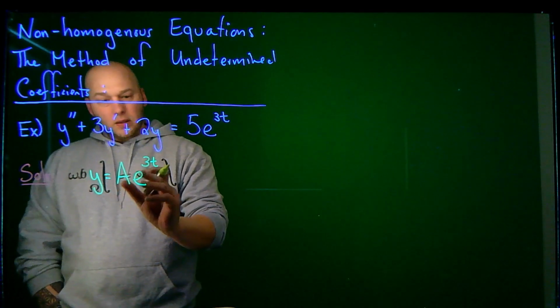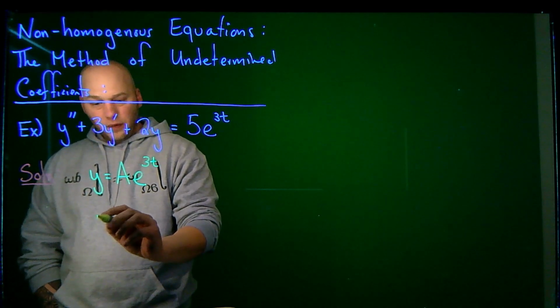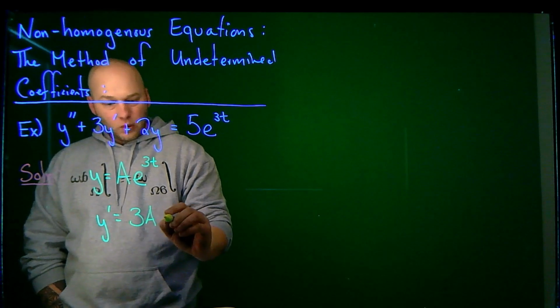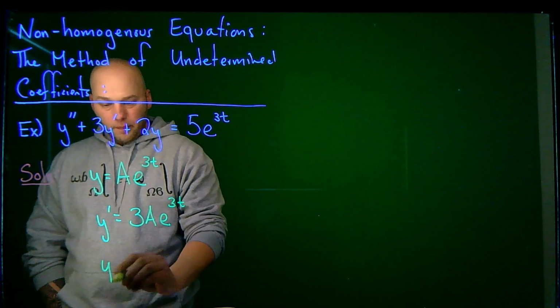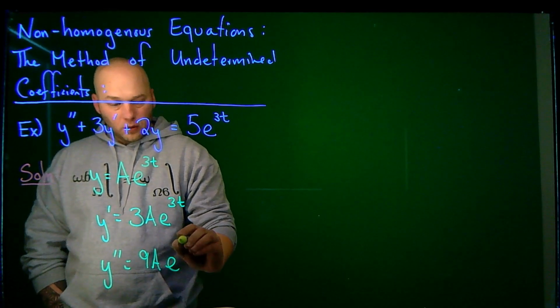y, again, is going to be a multiple of this exponential. Its derivative, y prime, is 3a e to the 3t. y double prime would be 9a e to the 3t.